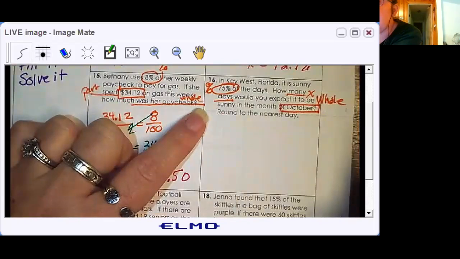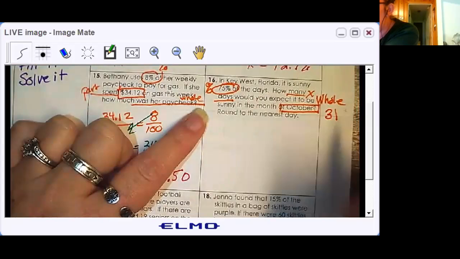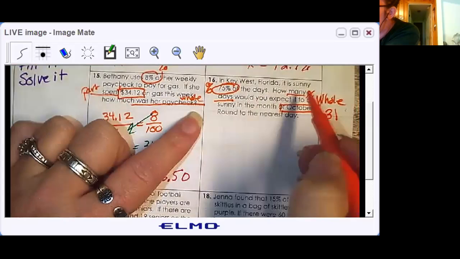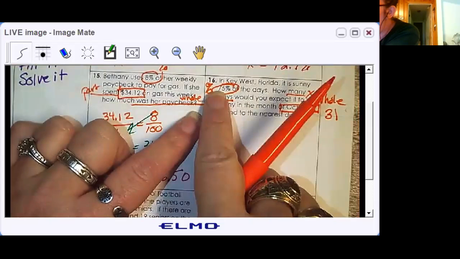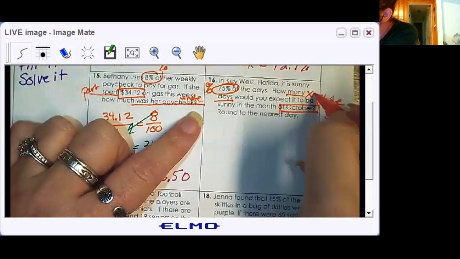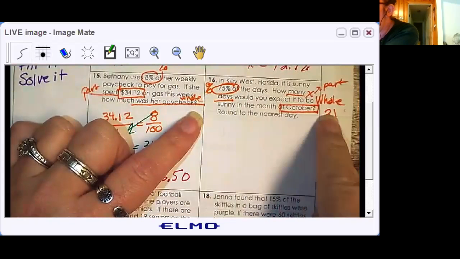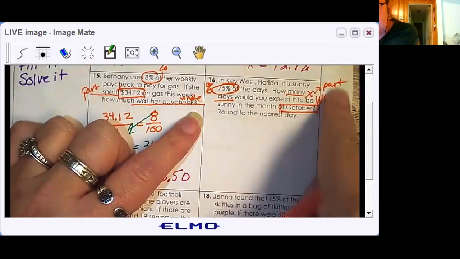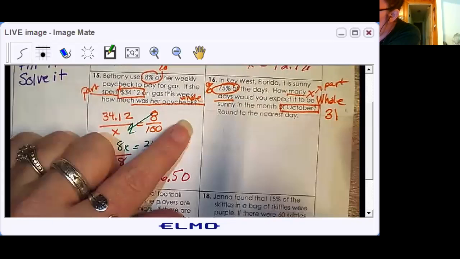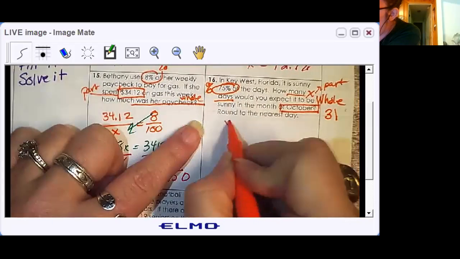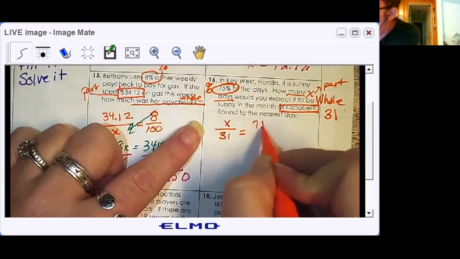It doesn't. It expects me to know that there are 31 days in October. So now we have our percent, our part, and our whole. We have marked our problem. We have already picked our formula. Part over whole equals percent over 100.